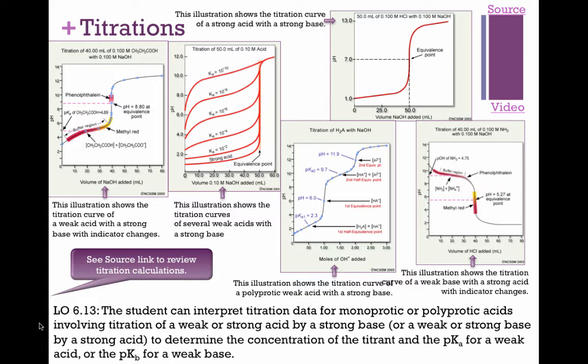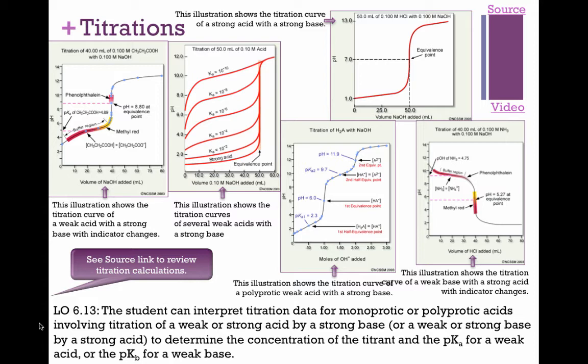It just goes flat, up, flat. But in a strong-weak, you have this buffer region. At half, so equivalence point is 40. At half, this is where pH equals pKa. That's why your half equivalence point is so useful. Your pH equals your pKa in the buffer region.